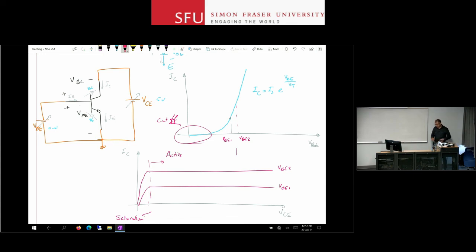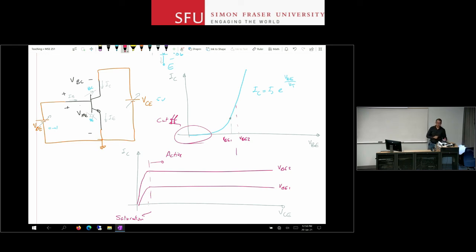However, in switching circuits, you love these two regions, I mean saturation and cutoff. In switching circuits, you put VBE close to 0, you turn off that junction, all of a sudden the connection between the collector and emitter is open, you have an open circuit there, you have an open switch.